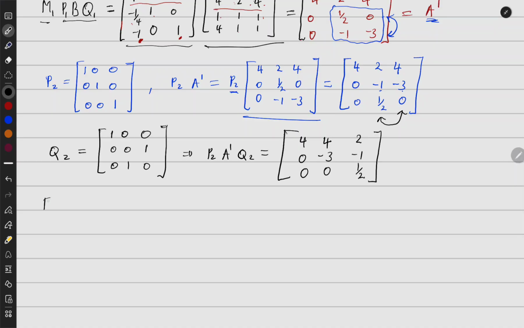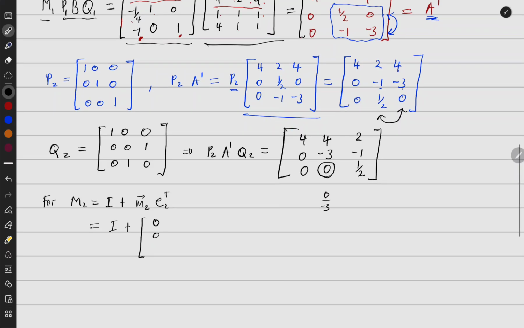For now my M2, which is given by I plus M2 E2, is equal to, but in this case if you observe, here there is already a 0, so you don't really need to divide by negative 3, because you would be dividing 0 by negative 3.